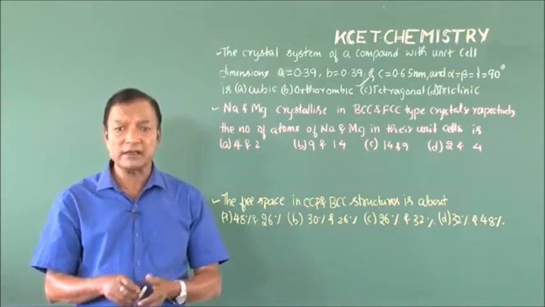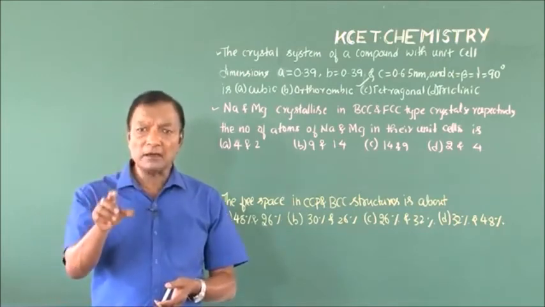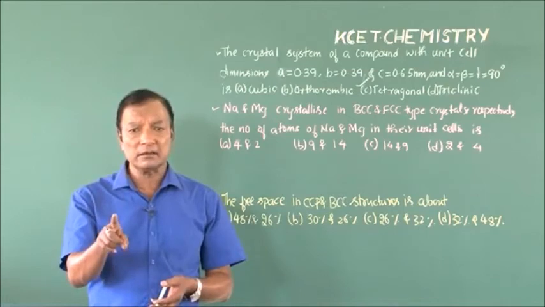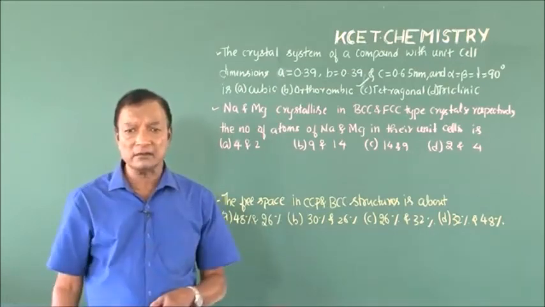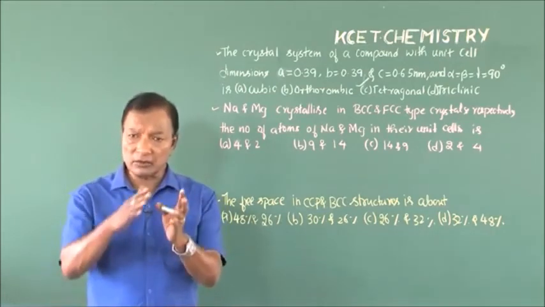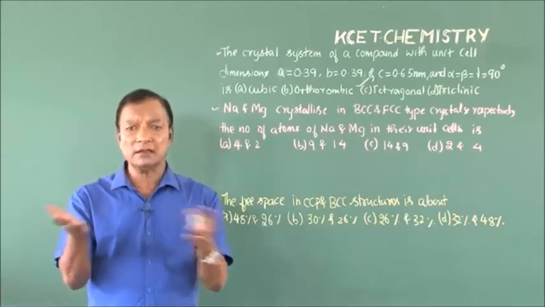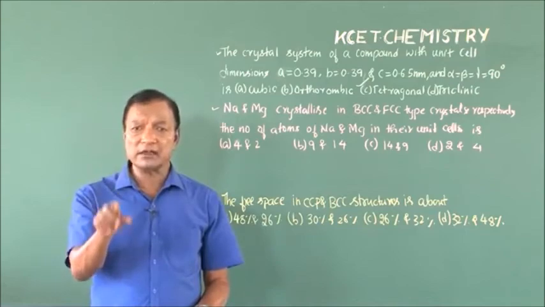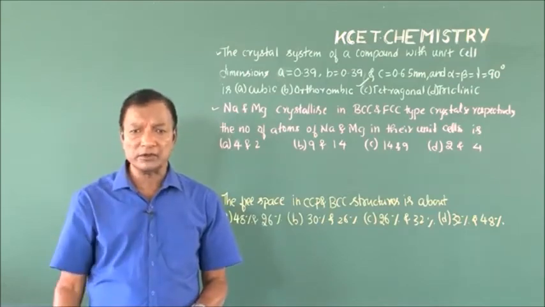Contribution-wise, we say a corner particle makes a contribution of 1/8 towards that unit cell, because that corner is going to be shared with the other adjacent unit cells. One corner, one unit cell, 1/8 contribution.